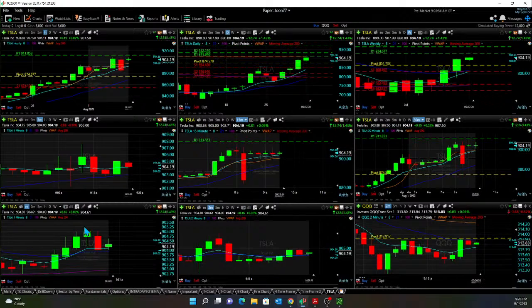We divide it into a 1 minute chart, 2 minute, 5 minute, 15, 30 minutes, hourly chart, daily chart, and a weekly chart, accompanied by a 2 minute QQQ, which lets us see the overall market while we are trading.